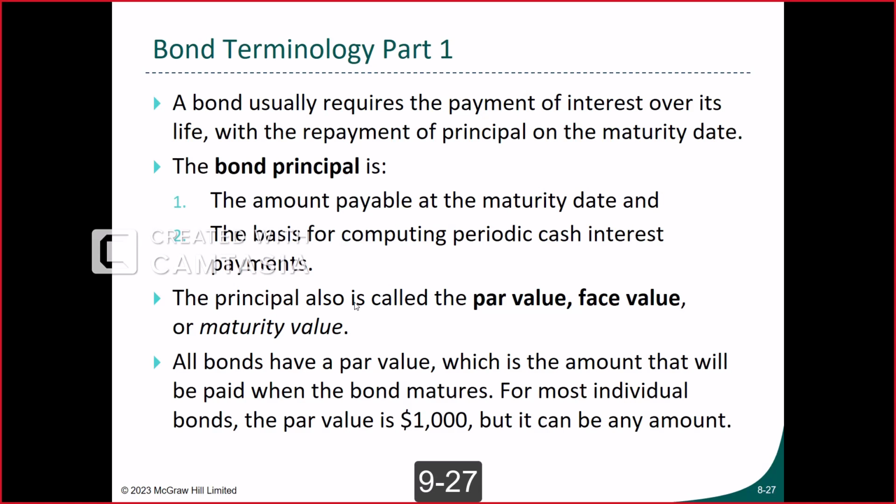Maturity date means the end of the loan period. Okay, 10 years or 20 years, we have to pay the 10 million. That amount of 10 million, in terms of terminology, we call it the principal or the par value or the face value or the maturity value of the bonds.